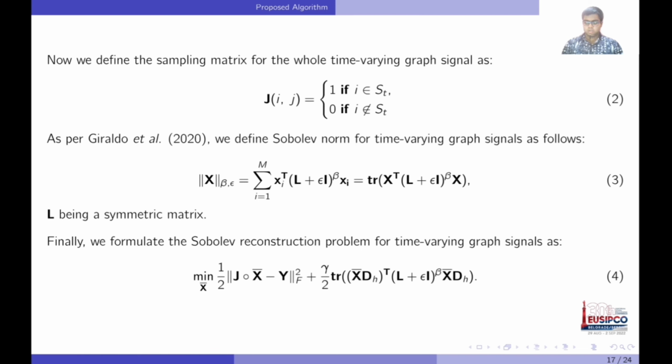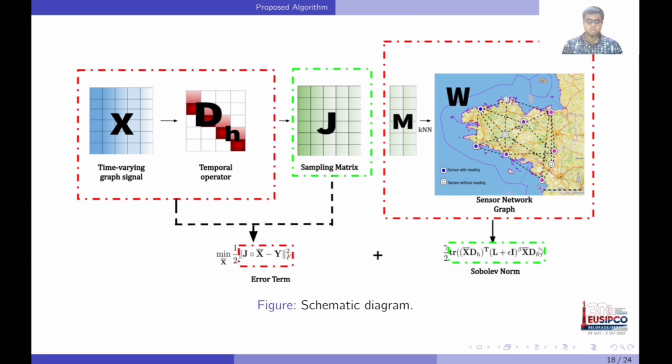The first part, that is this one, is basically the error term, and the second one is the Sobolev norm term. The first term, the minimization function term, reconstructs the original values of the unavailable sensor readings as accurately as possible using the available values we have. The second one incorporates the temporal difference operator.